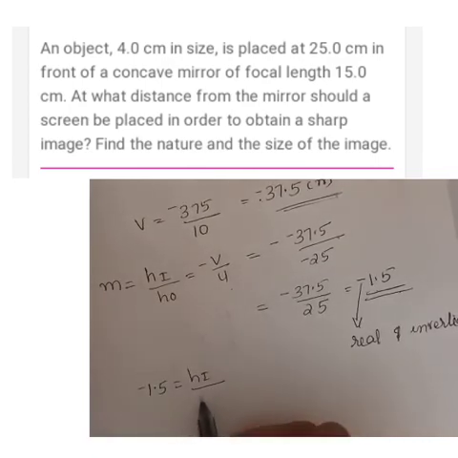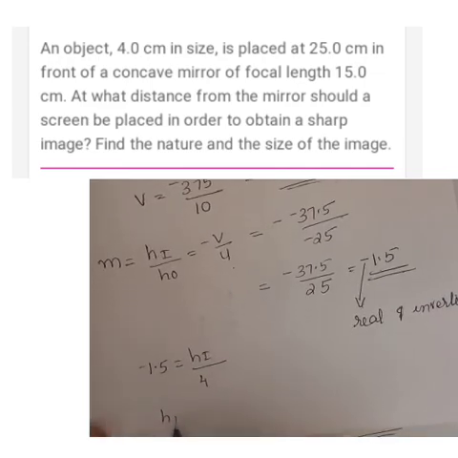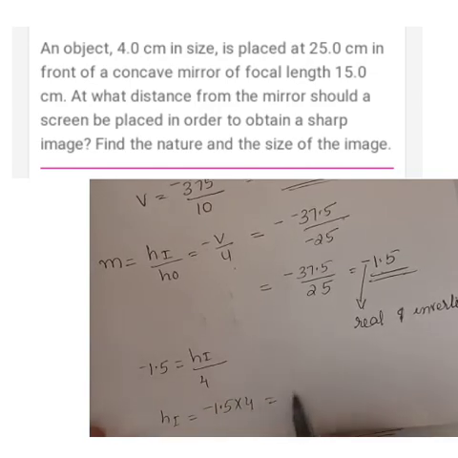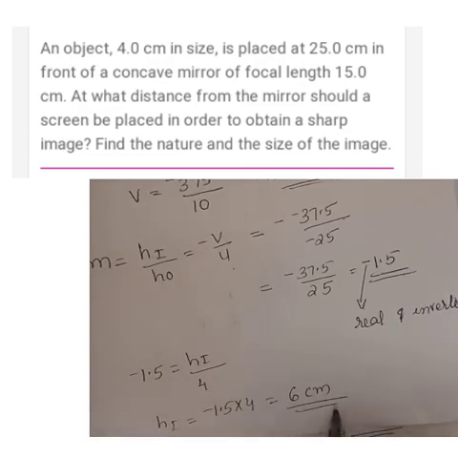What is the value of Ho? It is 4 centimeter. So Hi is equal to minus 1.5 into 4, which is equal to minus 6 centimeter. So the image is real and inverted, and the height of the image is 6 centimeter.